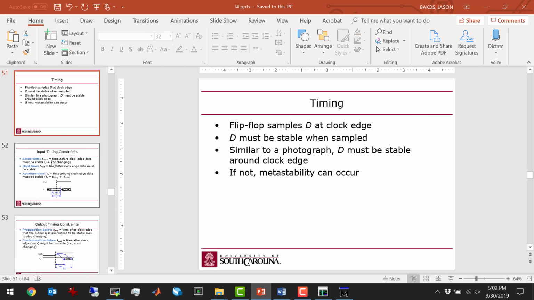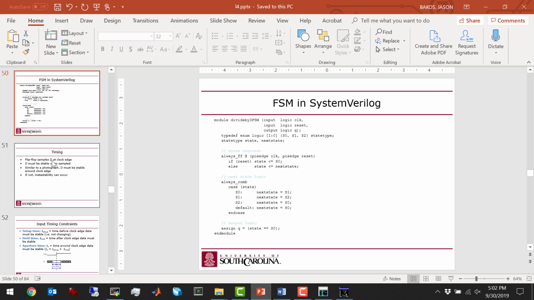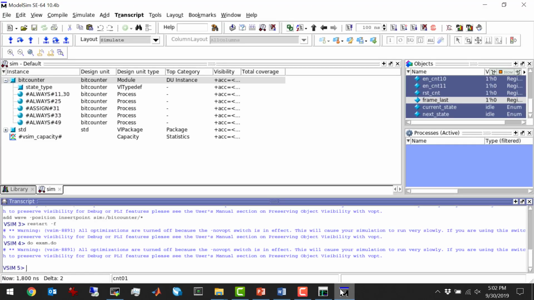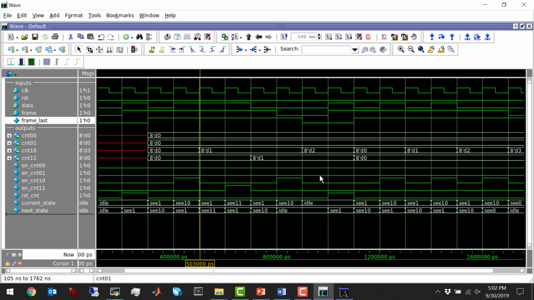All right, so the last thing I wanted to talk about in this lecture, this topic, was timing. Remember that ModelSim shows you a behavioral simulation. This is only for functionality. If you make this circuit on an FPGA or an ASIC or with TTL logic chips or however you build this circuit physically, you're not going to see instantaneous changes from the clock edge to when frame last changes.